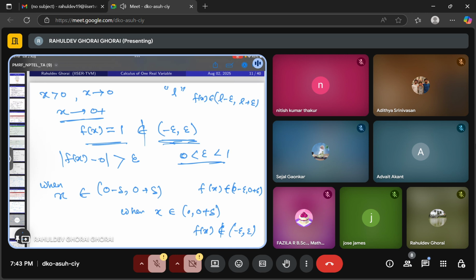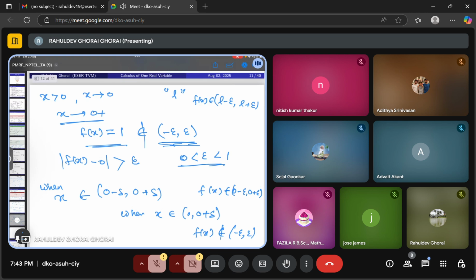Do you understand this much? This is a very crucial part, you should understand it. Otherwise I will tell it multiple times, no problem at all, but you should understand this.